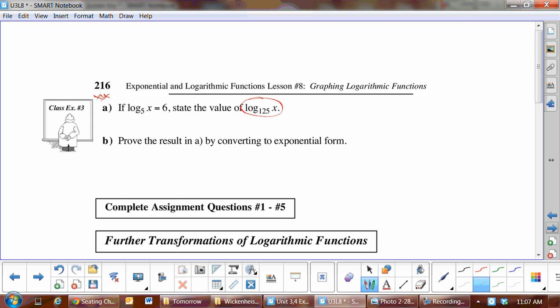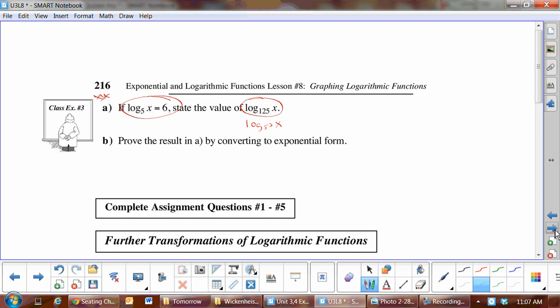But I want to make this log 5 to the x. How can I do that? Because I know that log 5 to the x equals 6. How can I make this one log? What is 125? So this would be log 5 to the 3x, right?